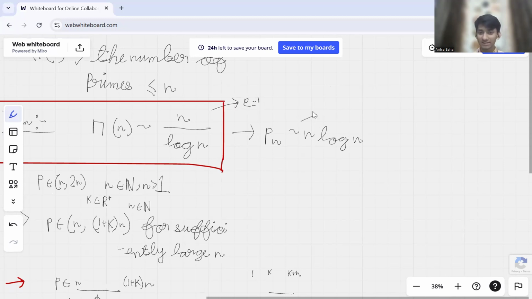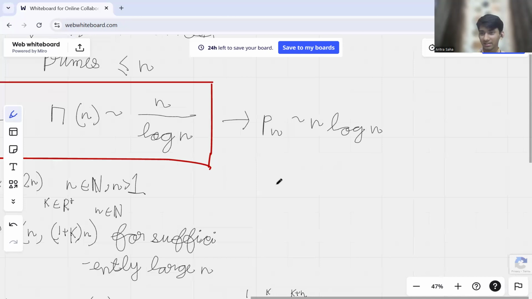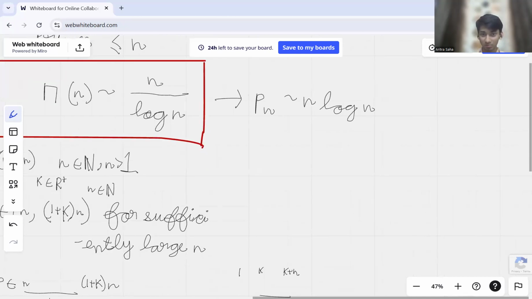You also have to prove that C is 1 here, basically. So you're using both the things. These are equivalent, but you have to prove it. There is a bit of a catch in the proof, but both the things are equivalent.